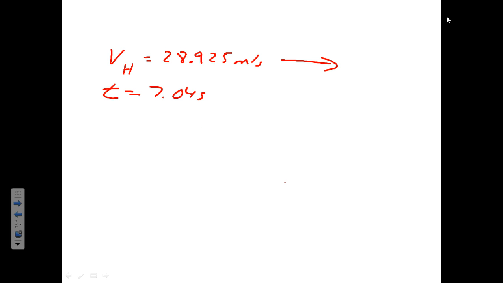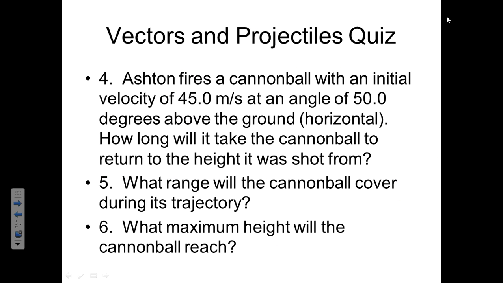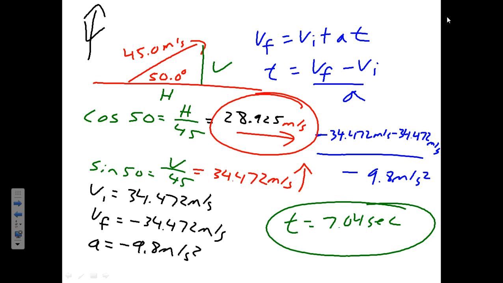All right, I'm going to leave the time up here. We still need to do part C. Part C was the maximum height. We know the maximum height is completely dependent on the vertical part, right? And our vertical component, 34.472 meters per second.